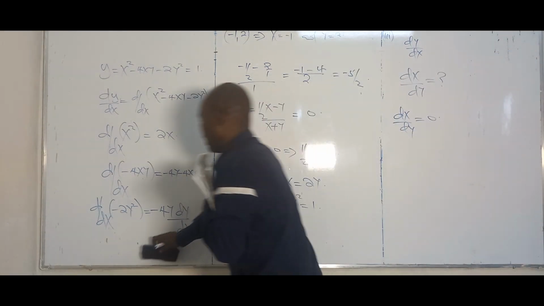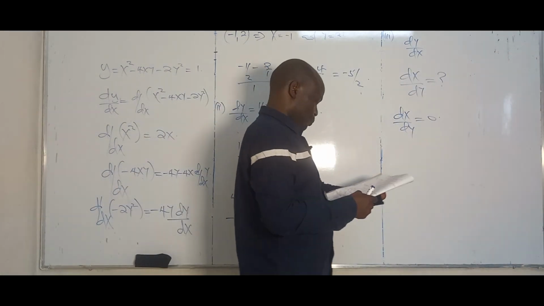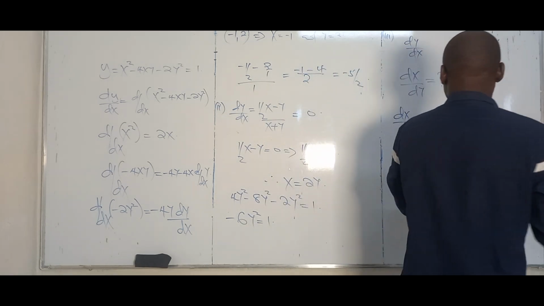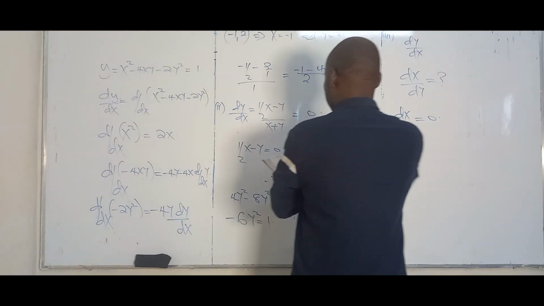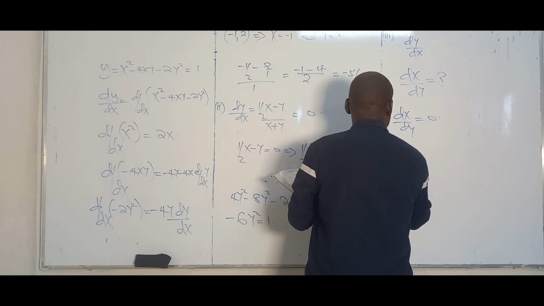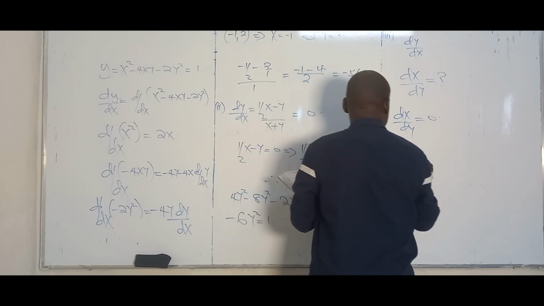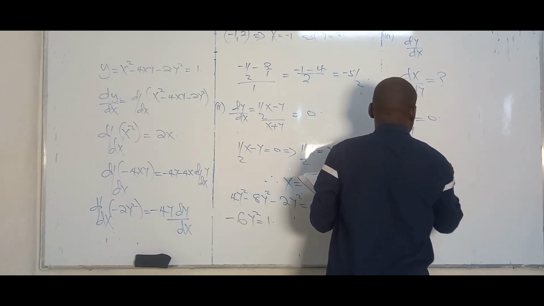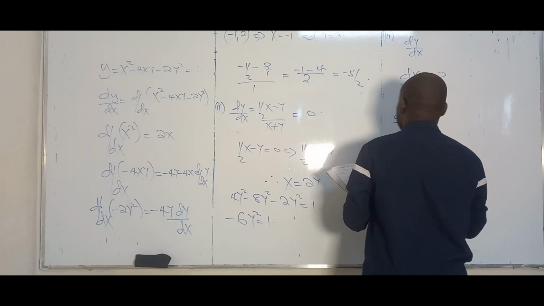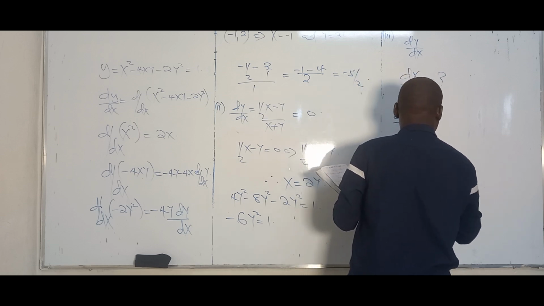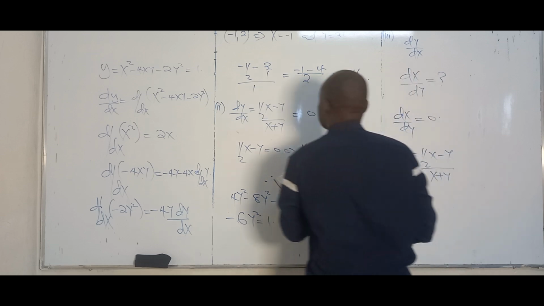So using that fact, we proceed from our expression, because we already found that dy/dx is half x minus y over x plus y.